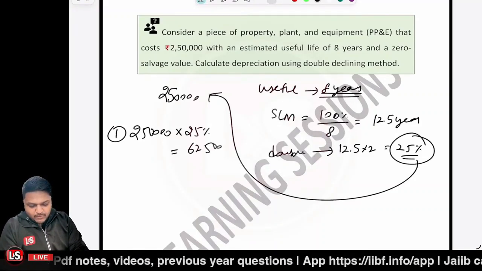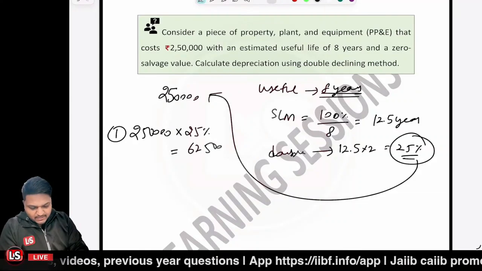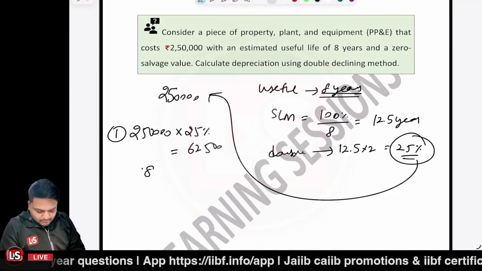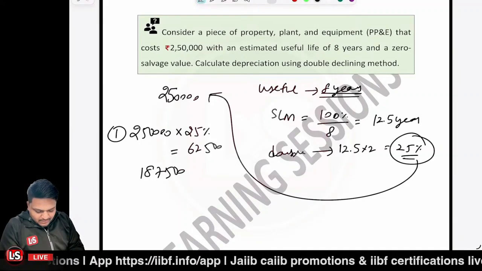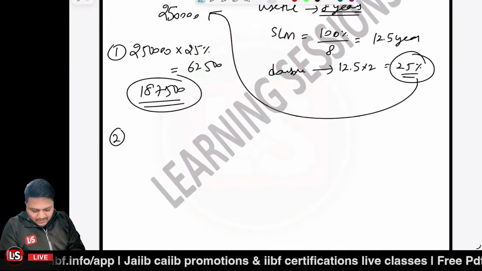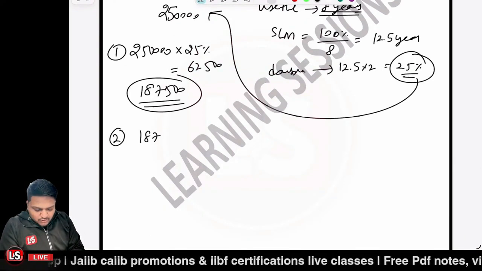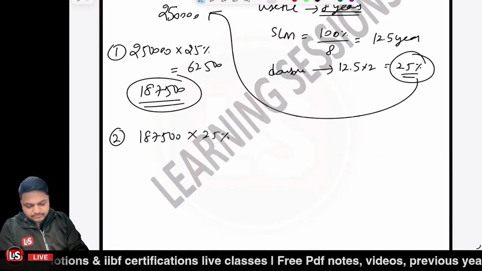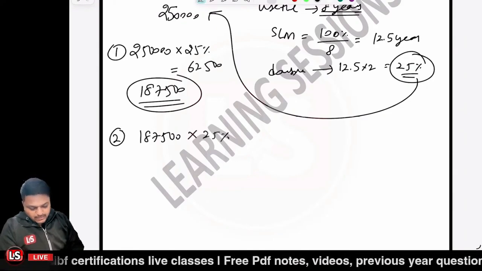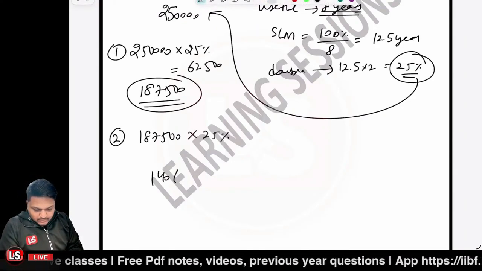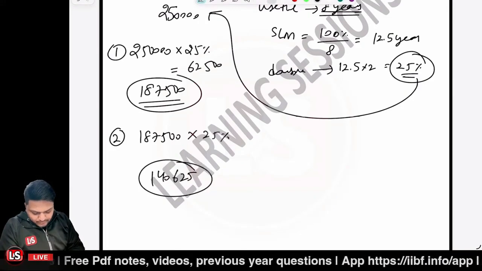So the net book value would be equal to 2,50,000 minus 62,500, that is 187,500. Now for the second year, we have to calculate the depreciation on 1,87,500 at 25%, and the reduced value would be equal to 140,625, right?